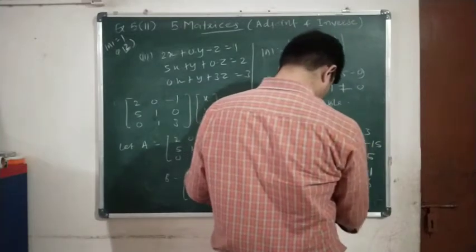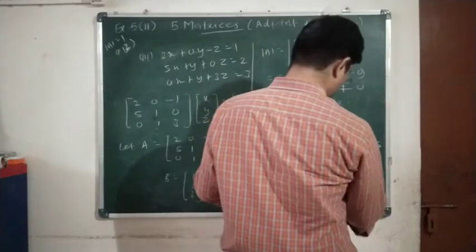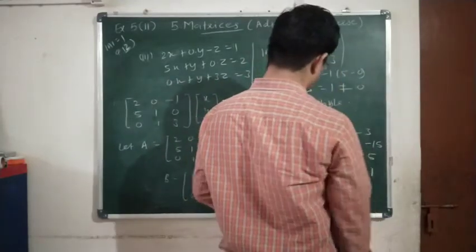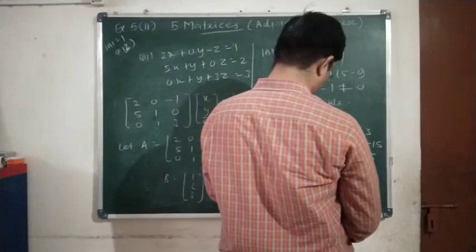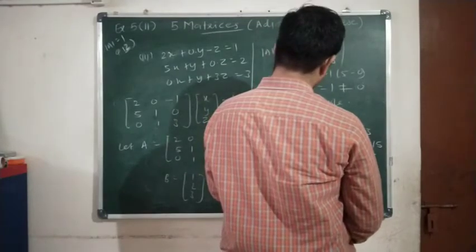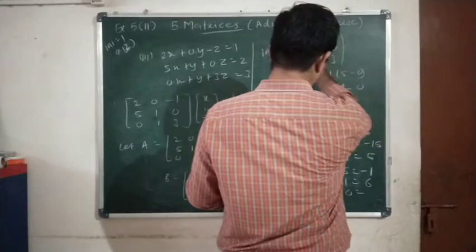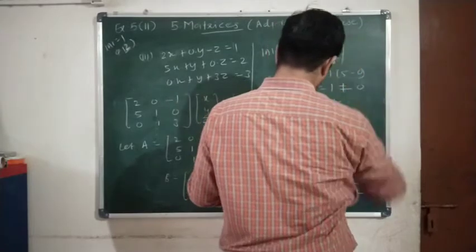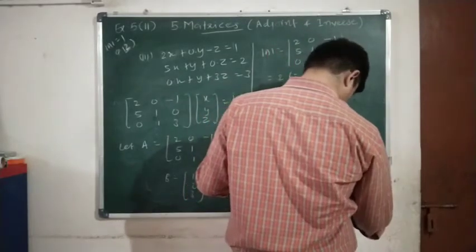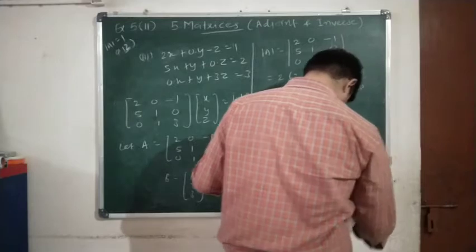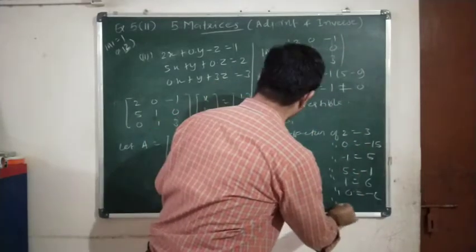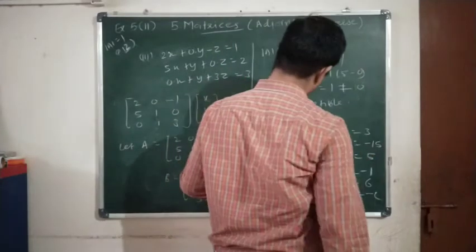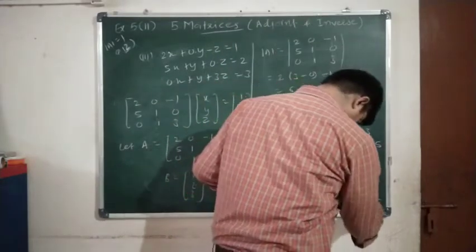Then cofactor of 0, okay, cofactor of 0 will be 2 1s are 2, but minus, okay, so it will be minus 2. Again cofactor of 0 third row, plus 1, okay, 1.